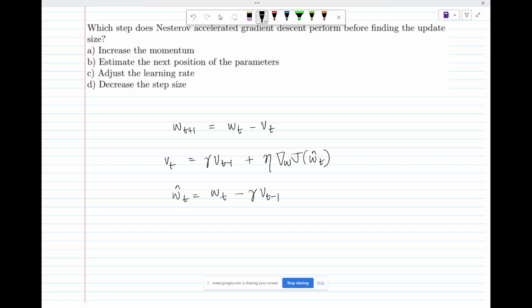So we are currently at Wt, and we want to update our parameter W at the current time step t. So what we do is we take a step in the direction of our current momentum to compute W hat t, and with respect to this W hat t you compute the gradient, and this is the Nesterov.